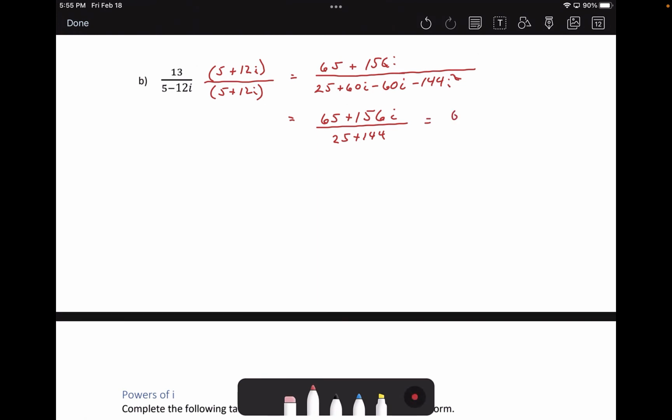Now we have 65 plus 156i divided by 169. Break apart the fraction. 65 over 169 plus 156 over 169i.